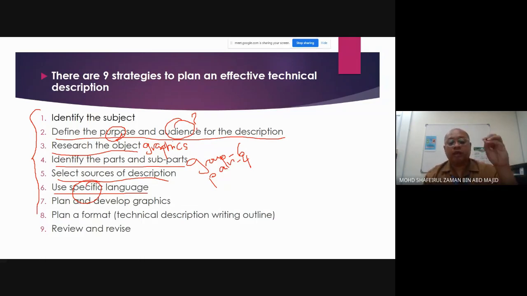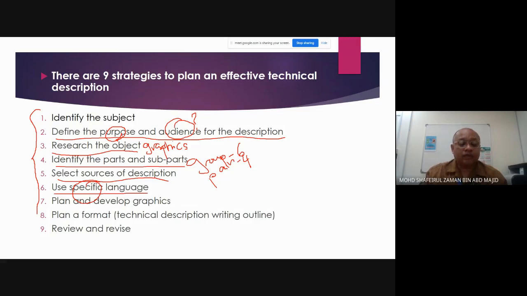If you are explaining about a sports car, instead of saying in general that the car can go very fast, you have to be specific by saying that you can drive the car up to 250 kilometers per hour. Or instead of saying the latest Perodua SUV, you can be very specific by naming the model, the Ativa. So you have to be very specific.